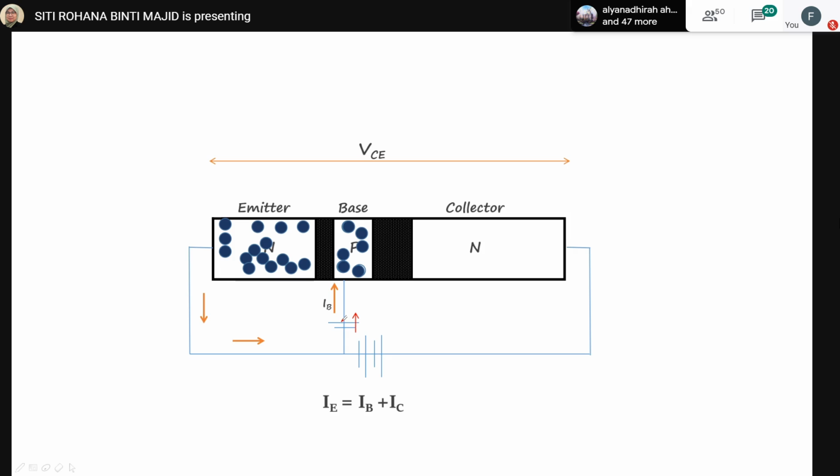So IB plus IC gives the total current IE. That means the total current accumulated at the emitter is equal to the sum of the base and collector currents.